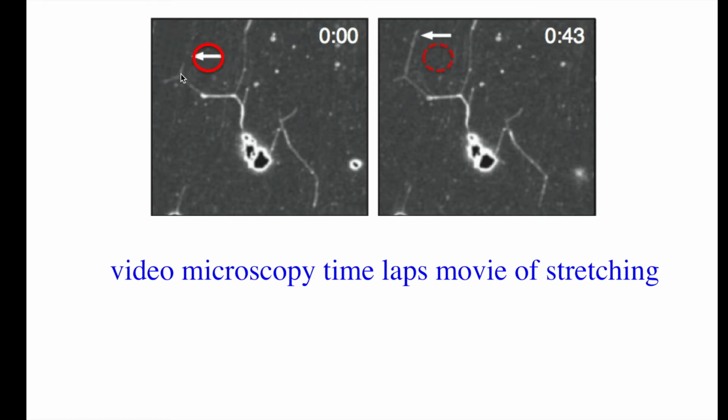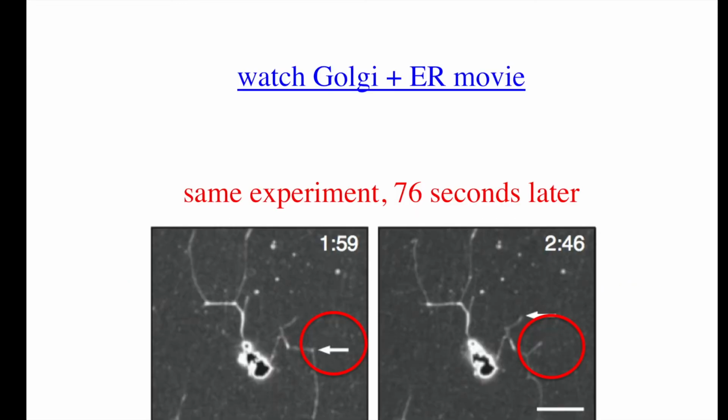And if you look at this little spot here, it's pretty small at time 0, and 43 seconds later, it's grown to this length. So this is by kinesin pulling that vesicle along and stretching it out. Okay, here's another one. If you look at time 159 versus 246, you can see the membrane is getting pulled in these directions.